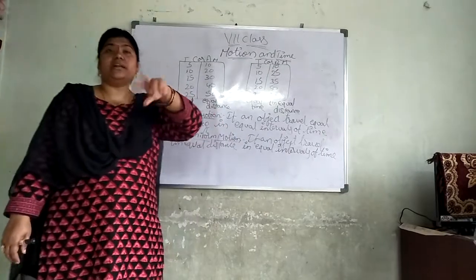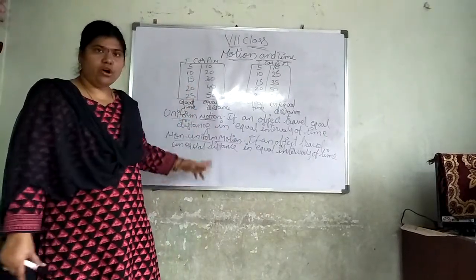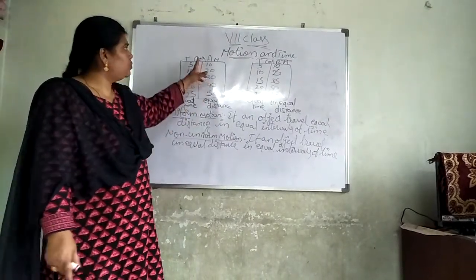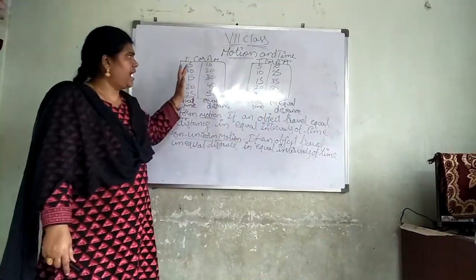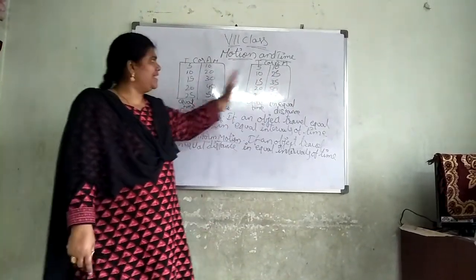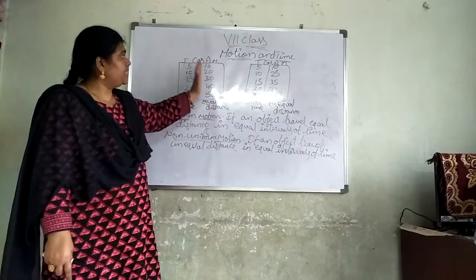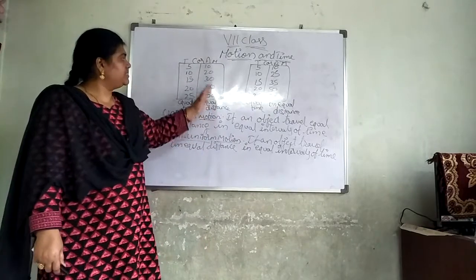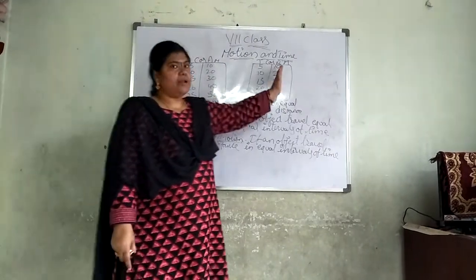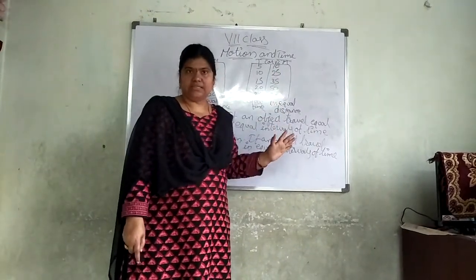The very important ones are the first 2, uniform and non-uniform. For example, 2 cars are moving, car A and car B. Both are moving in equal time, but car A travels equal distance and car B travels unequal distance.